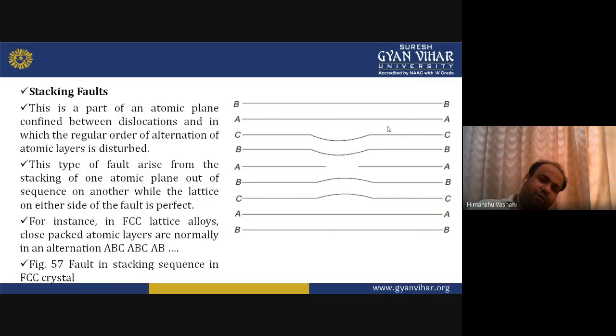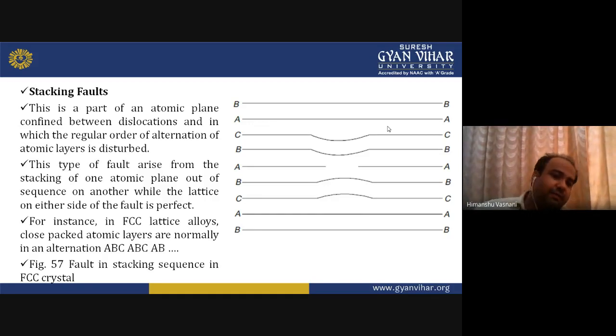Now, stacking faults, as you can see in the diagram, there are layers, and in the center there is some kind of curve, and then some disturbance, and then again a curve, and then again straight lines.